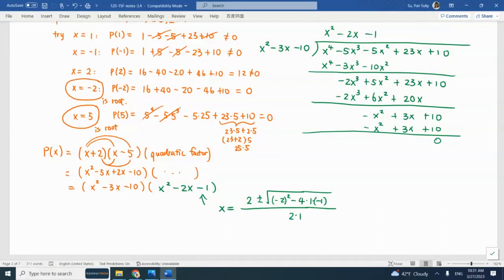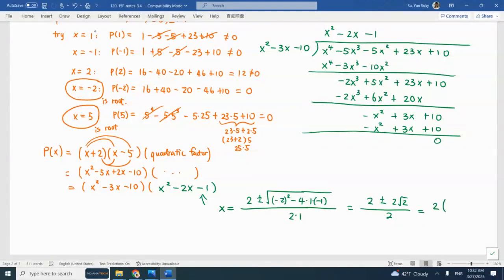What's negative 2 squared? 4. Minus negative becomes plus, 4 plus 4, 8. Do you know square root of 8 is 2 root 2? Yes, everybody? Okay. Do you see the numerator, those two terms, we have a common factor 2? Yes. Factor out 2.